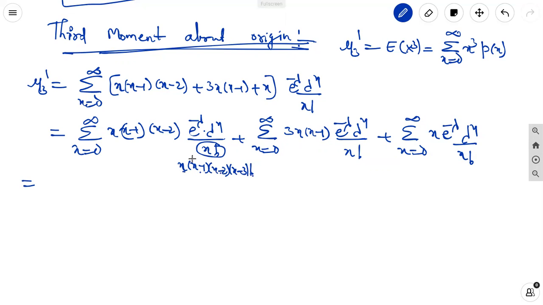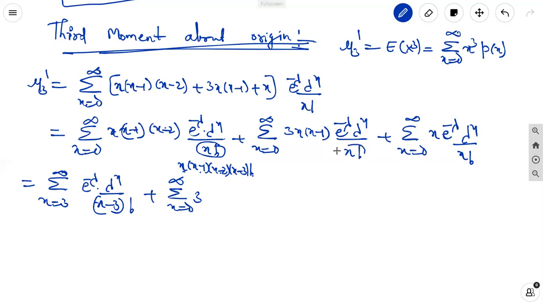So 1, 2, 3 eliminated. We can start from x equal to 3 to infinity e power minus lambda, lambda power x by x minus 3 factorial, plus summation x equal to 0 to infinity 3. Here x factorial can be written as x into x minus 1 into x minus 2 factorial. Here 1, 2 cancel. So it starts from 2 to infinity 3 into e power minus lambda, lambda power x by x minus 2 factorial.